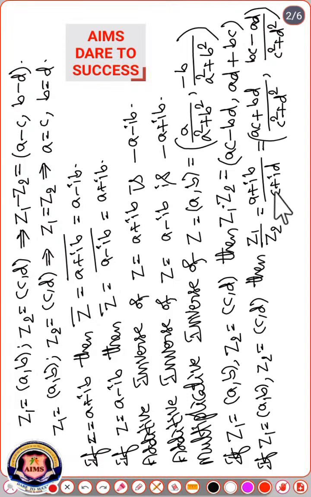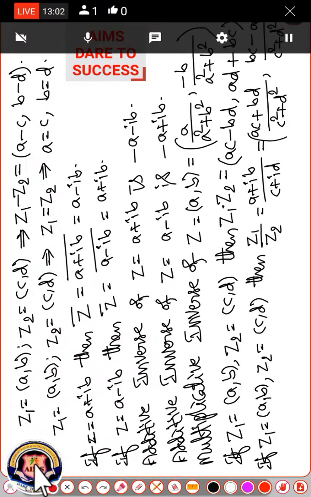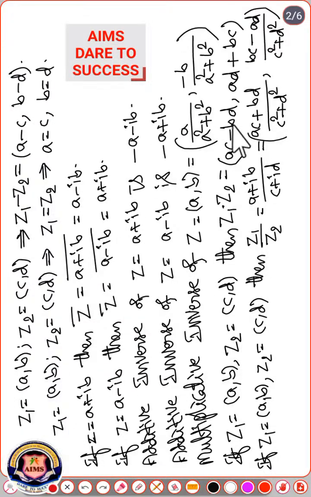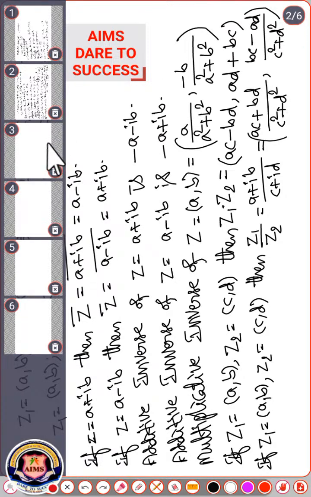So one more time: real part to real part multiply plus imaginary part to imaginary part multiply, then addition AC plus BD divided by C square plus D square. Next, like this, BC minus AD by C square plus D square. This is the division of two complex numbers.